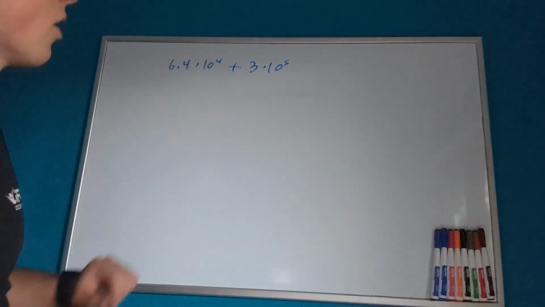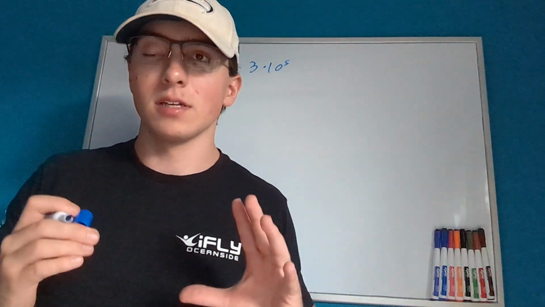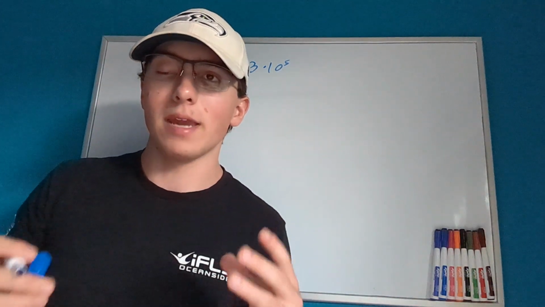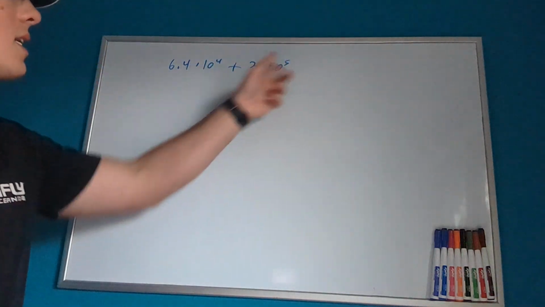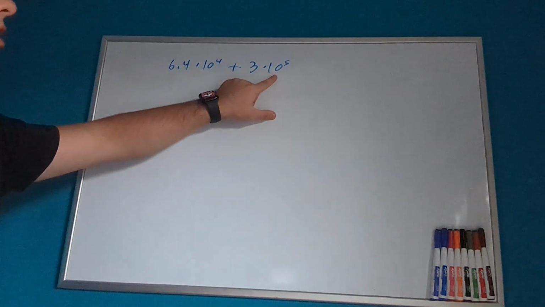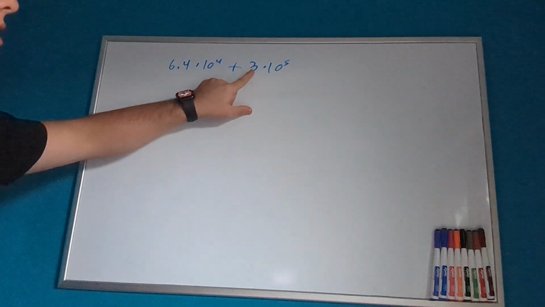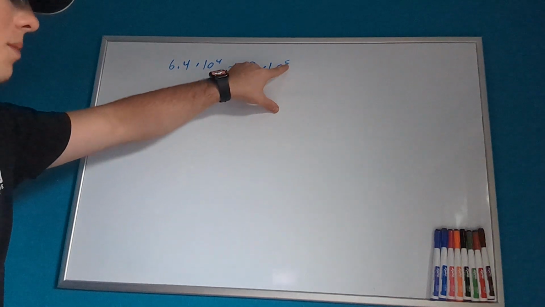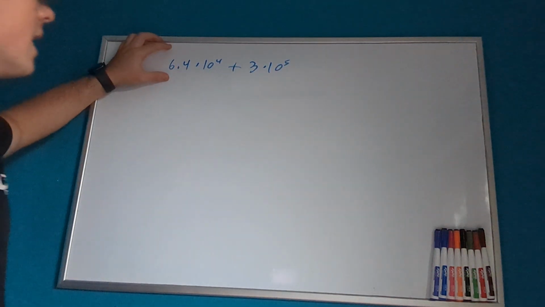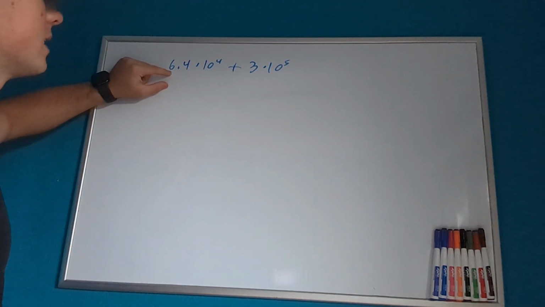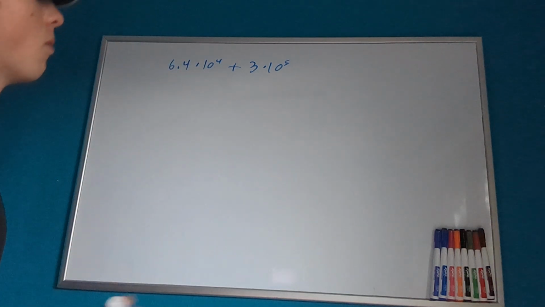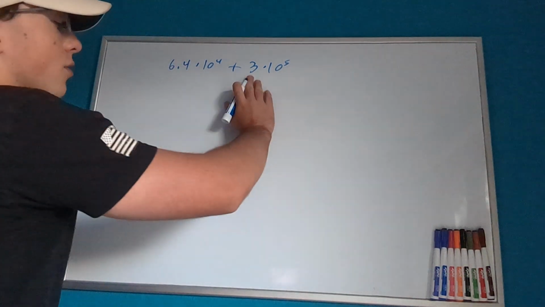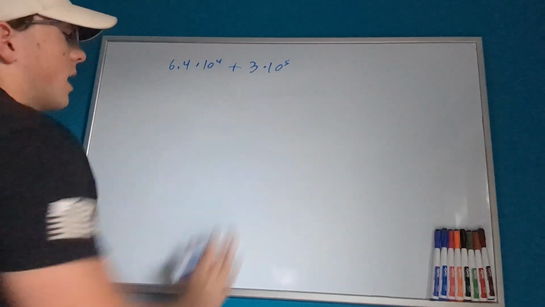We're doing adding, okay? Just like last time with subtraction, we're going to make the powers of these equal to each other. So we can either choose to increase this 3 by 10 and decrease this power by 1, or we can decrease this by 10 and increase this power by 1. What I'm going to opt to do is increase this by 10 and decrease that by 1.